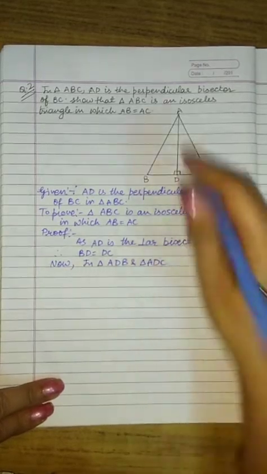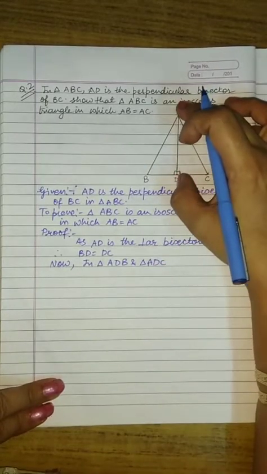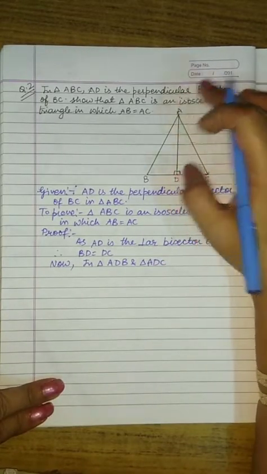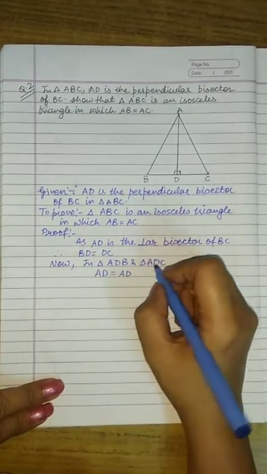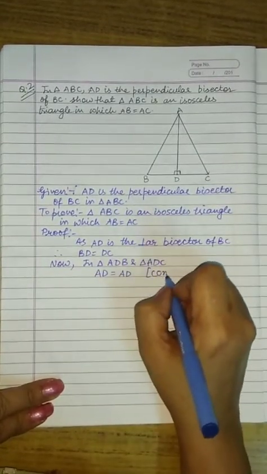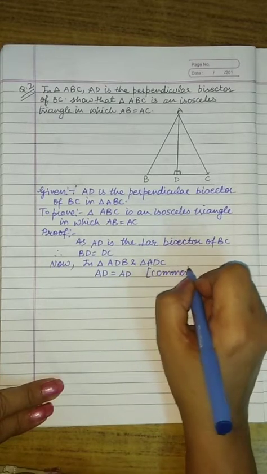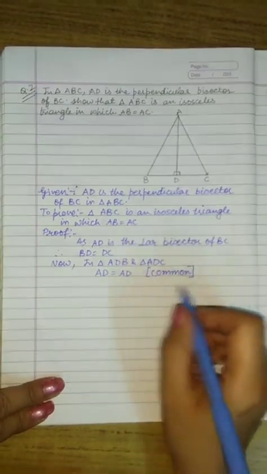So here AD is a side common to both the triangles. So we will write AD is equal to AD, and it is common to both the triangles. So we will write common.